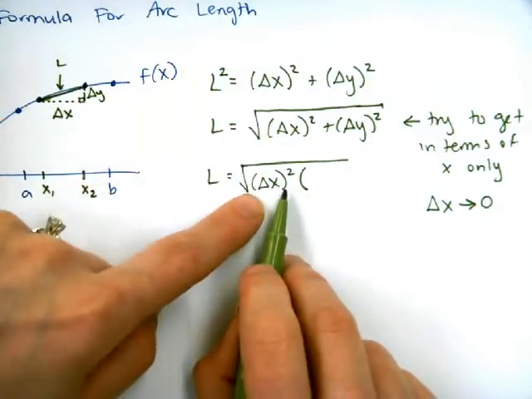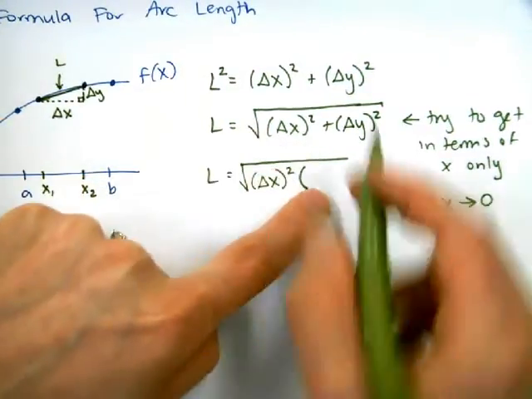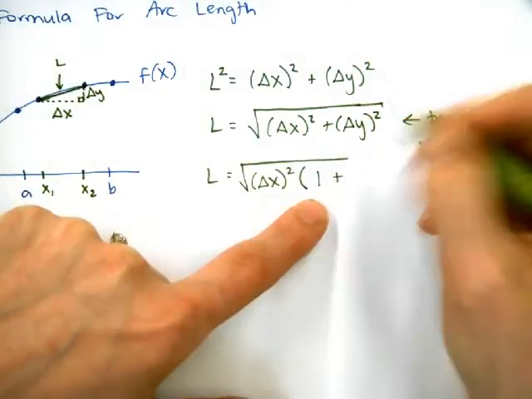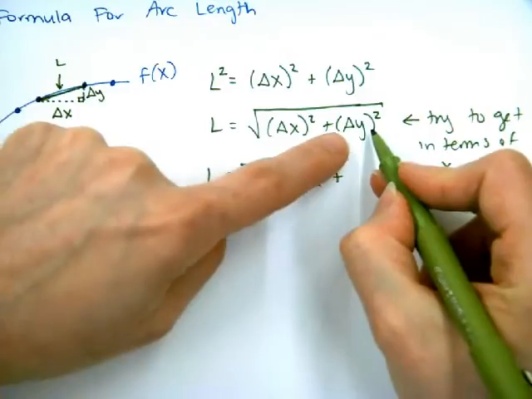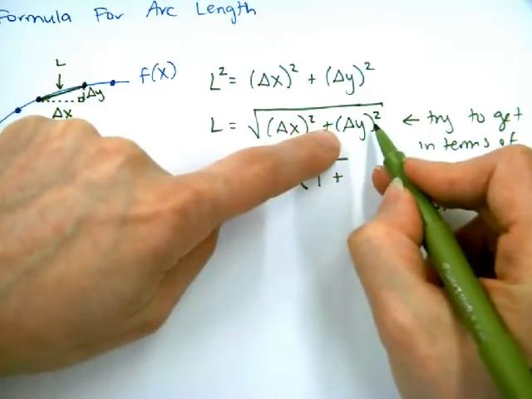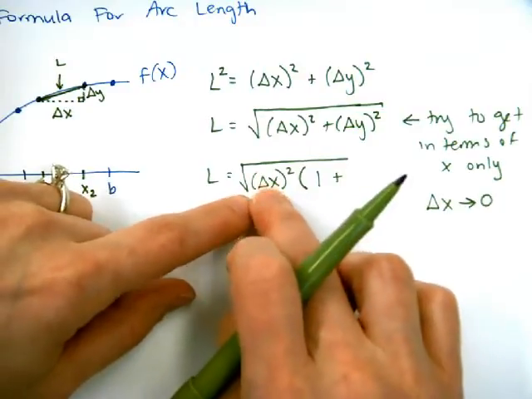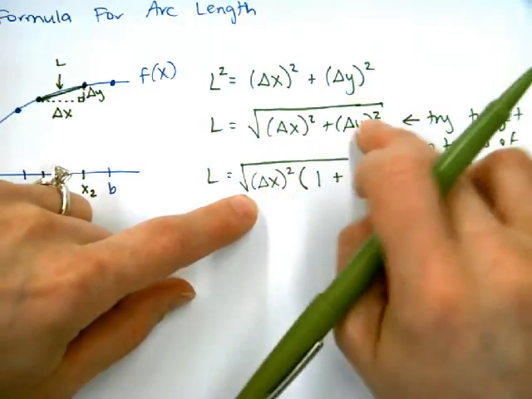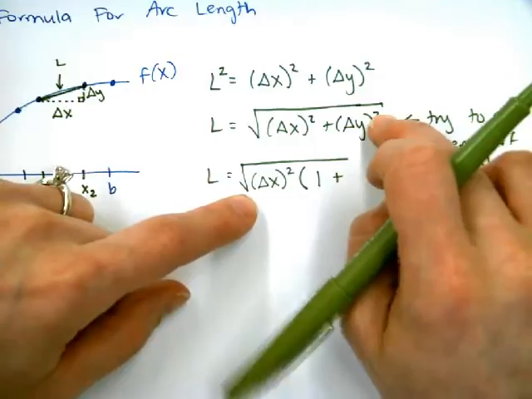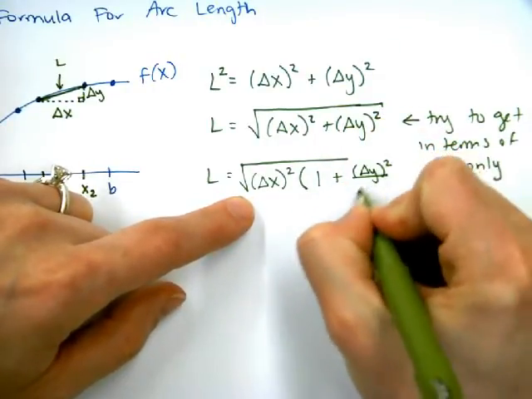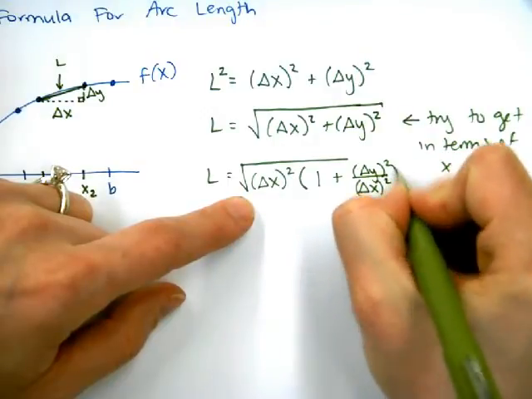If I take a delta x squared out of a delta x squared, I'd be left with a 1. If I take it away from this, do you see how there isn't a delta x squared in this one? It's just a delta y squared. So if I were to distribute this through, I would want to get the delta y squared back, which means that what would have to go here is delta y squared divided by delta x squared.